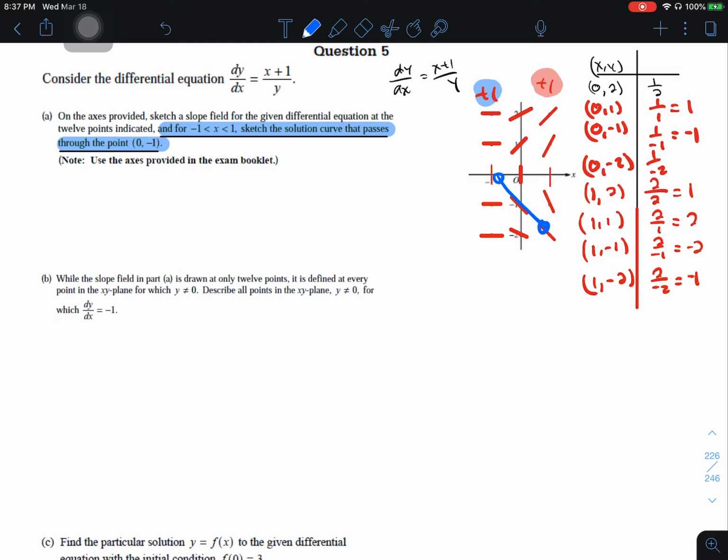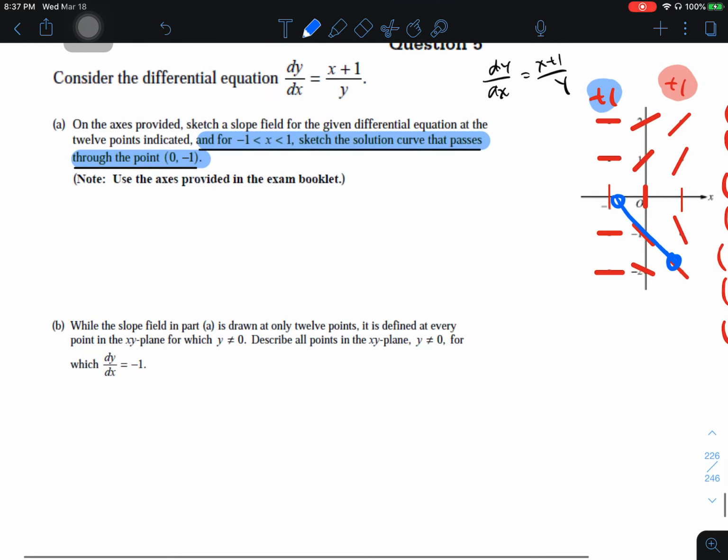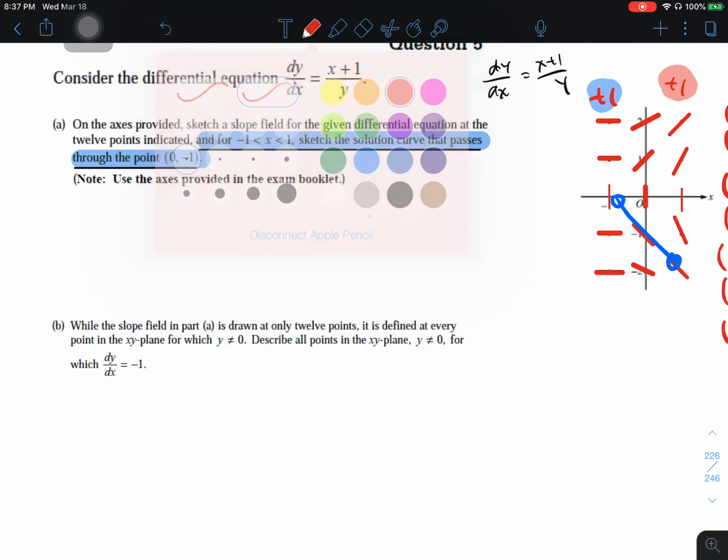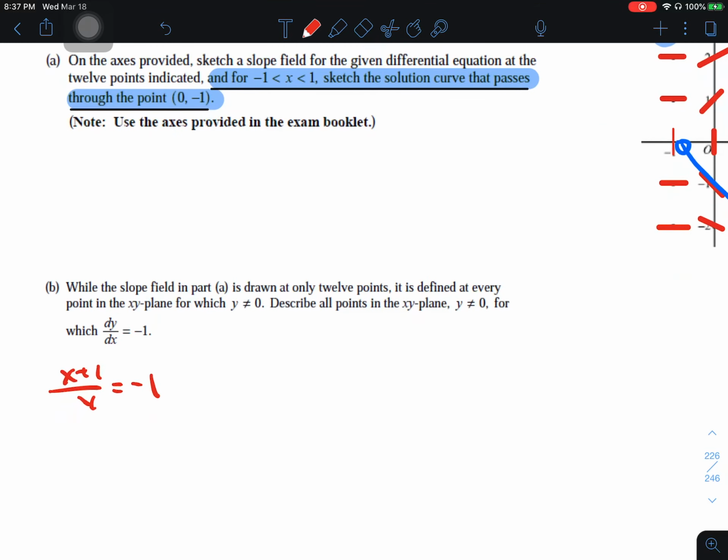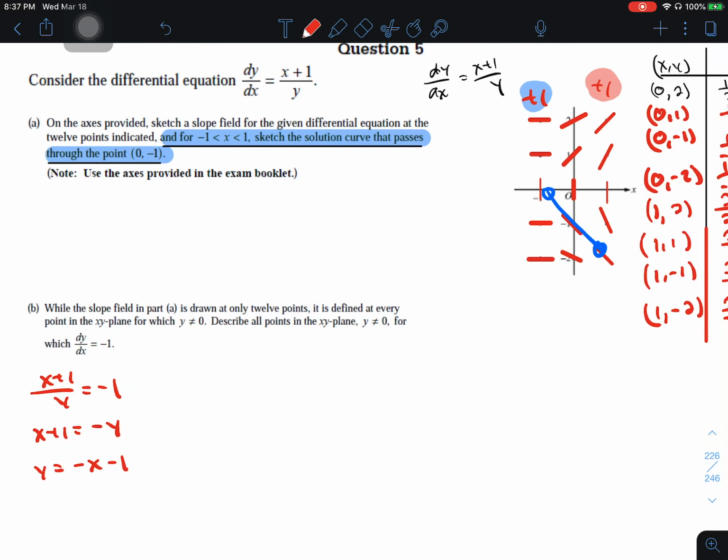All right, so we've established already dy over dx is x plus 1 over y. If we're saying that equals -1, and we multiply both sides by y, and we get y by itself, we're going to get this, y equals -x minus 1.